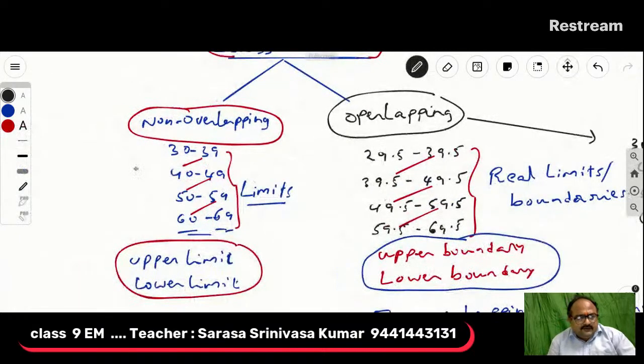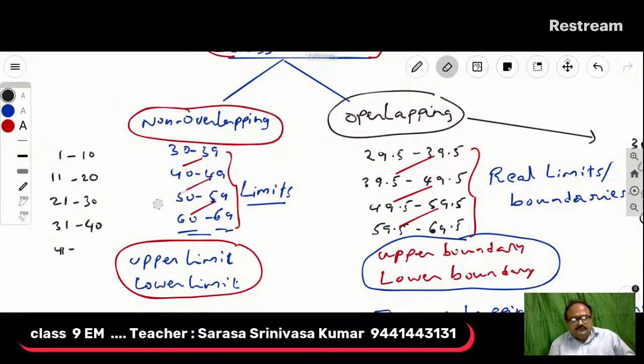Here we take another example: 1 to 10, 11 to 20, 21 to 30, 31 to 40, 41 to 50, 51 to 60, and so on.